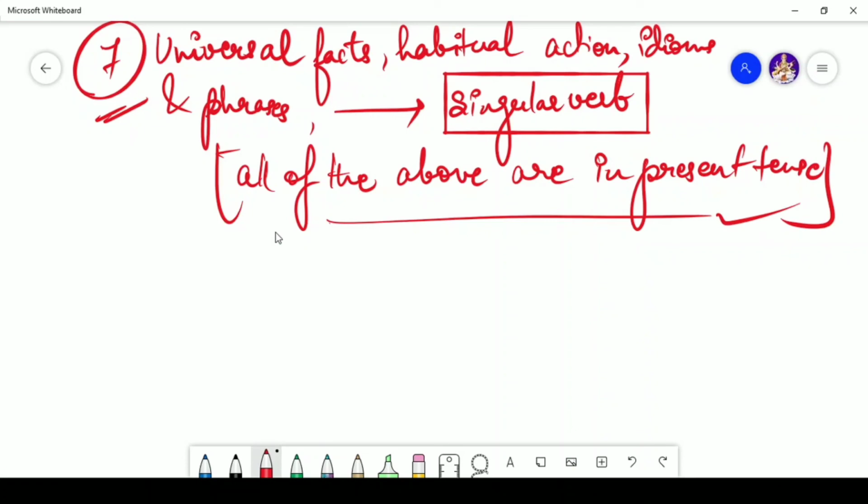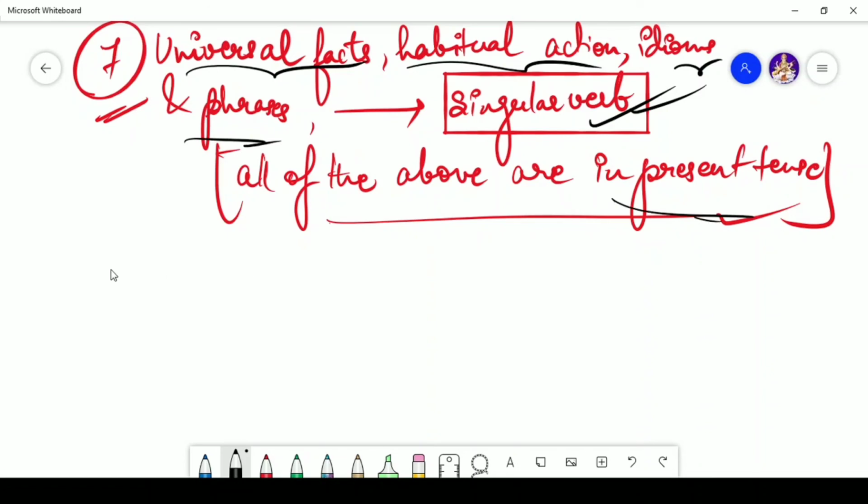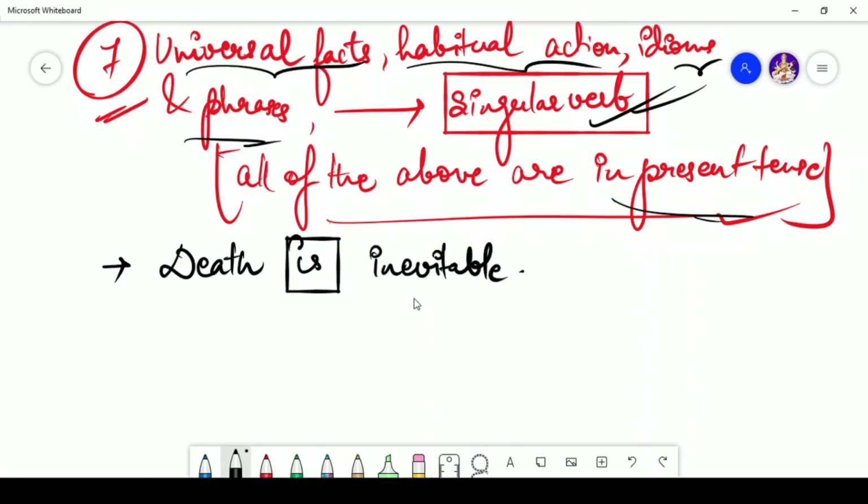When you use idioms and phrases, or when you're expressing any habitual action, or whenever you're talking about universal facts, in all of these cases you have to remember that you are making use of a singular verb. Why? Because all of these are in present tense. Let's say for example, death is inevitable.